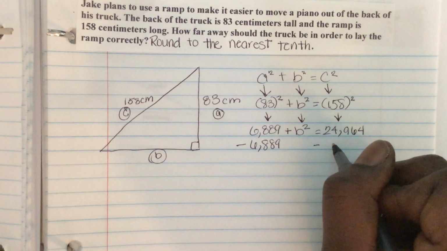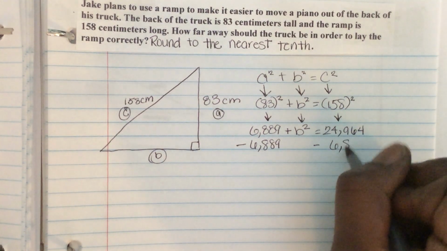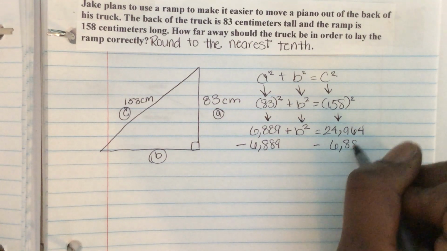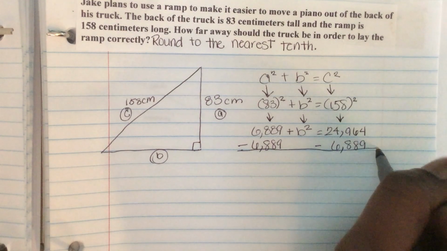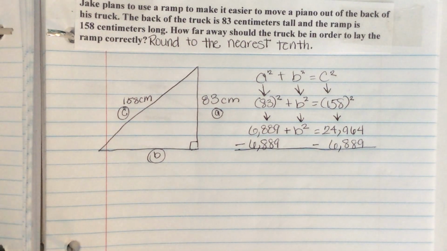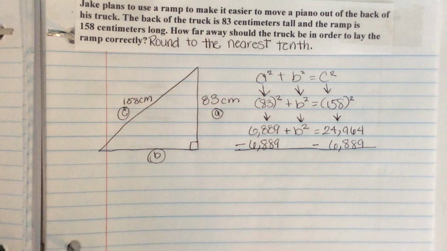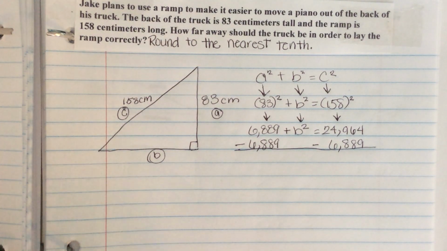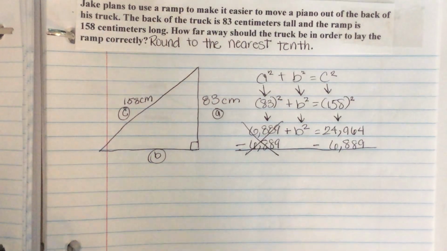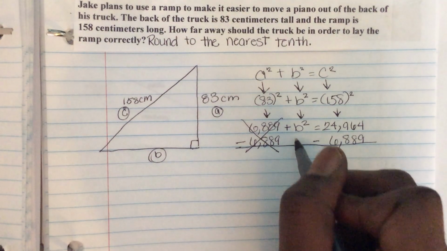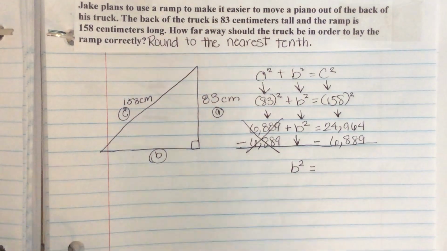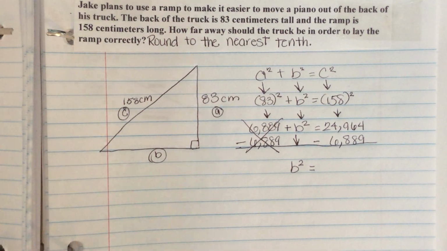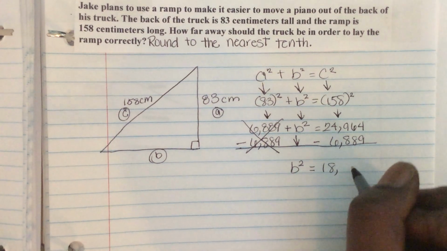So I will subtract that from 24,964. Of course, I have 6,889 minus 6,889. That cancels out, that's nothing. So now I'm left with B squared is equal to 18,075.